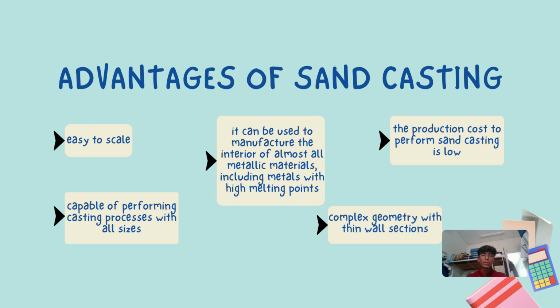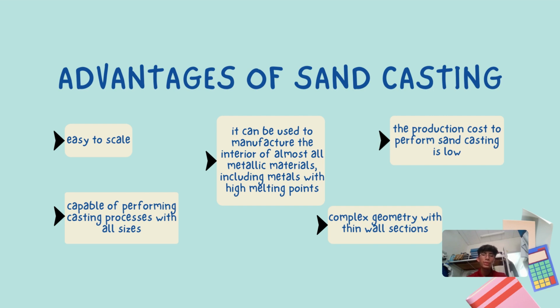I am going to continue our presentation about the advantages of sand casting and lost foam casting. First of all, I'm going to start with sand casting. From here, I'm going to list all the advantages that we found suitable for the sand casting topic. First, easy to scale. Second, capable of performing the casting process with all sizes.